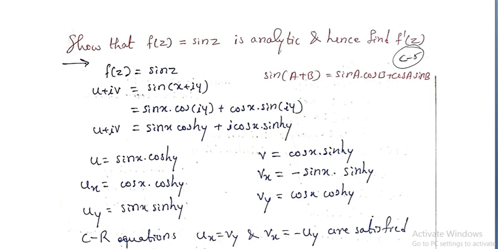So now here u_x and v_y results are same, v_x and u_y results are also same, only sign is different. So which satisfies the Cauchy-Riemann equation in Cartesian form, u_x equal to v_y and v_x equal to minus u_y.